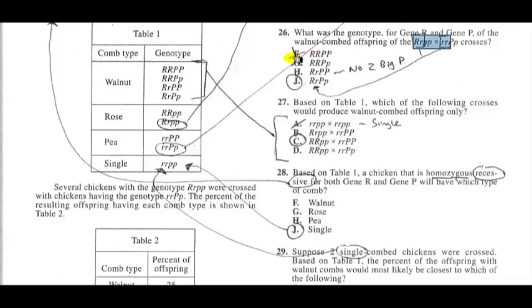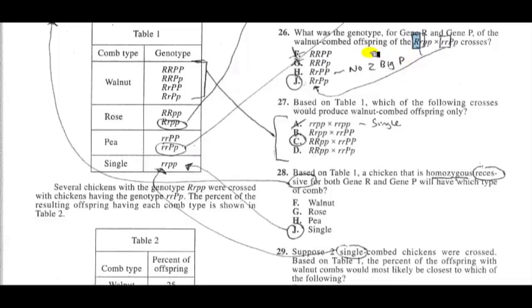F can be crossed out right away. If that's true, then G is wrong as well, because here you see 2 more capital R's. You cannot get RR when you only have 1 capital R between the 4 chromosomes.